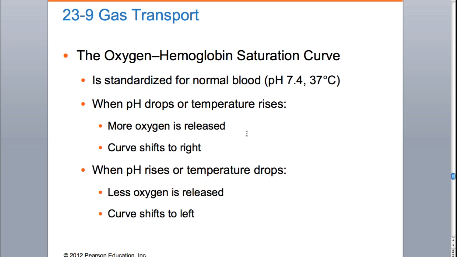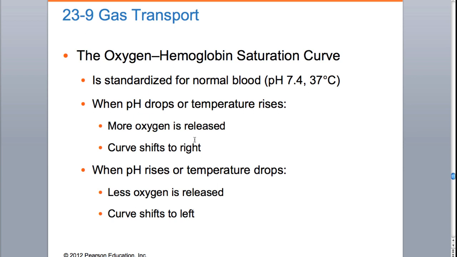All right, now we said blood pH is 7.4. We said that when the temperature goes up, or when pH drops so it becomes acidic, more oxygen is released.